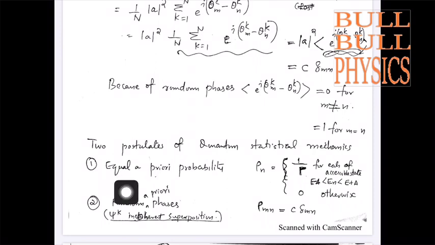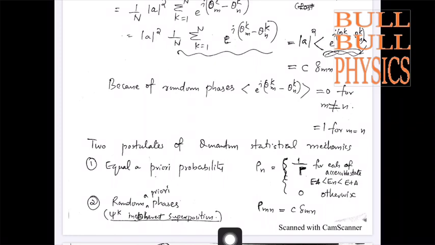Equal a priori probability says rho n is 1 by gamma for each of the accessible states, and 0 otherwise. It was there in classical statistical mechanics. Now here, in addition to that, we need random a priori phases.